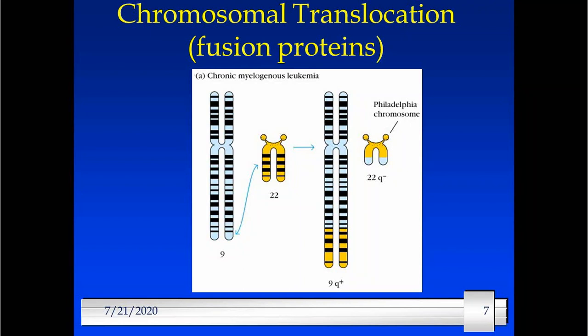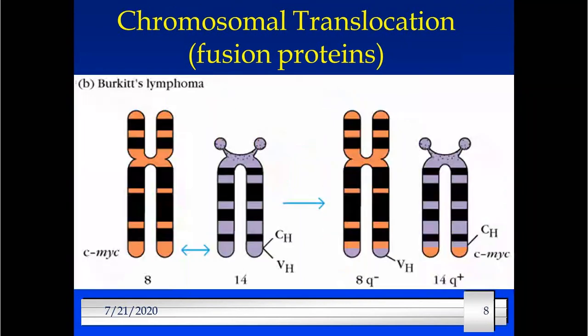The other tumor-specific antigen or tumor-specific gene, which occurs in Burkitt lymphoma, is the c-MYC gene. The c-MYC gene involves a chromosomal translocation between chromosome number 8 and 14, and this figure shows this translocation.